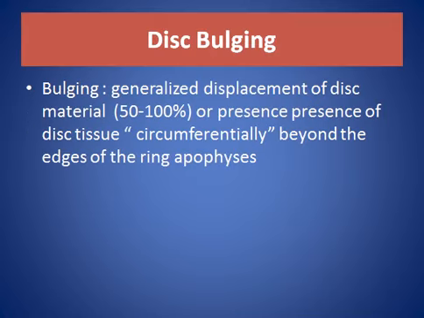Disc bulging is a generalized displacement of the disc material, 50 to 100%, or presence of disc tissue circumferentially beyond the edge of the ring apophysis.